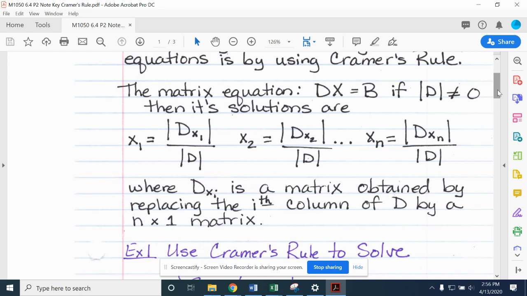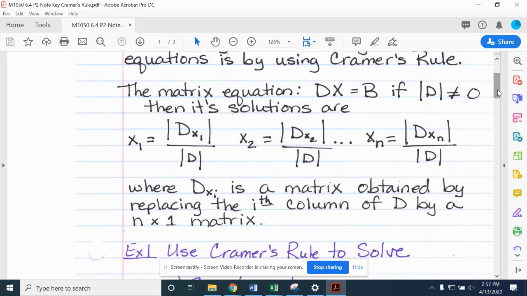And we would do that for position 1, 2, and so forth all the way down, where the matrix is obtained by replacing that column of the matrix or determinant by an n by 1 matrix.